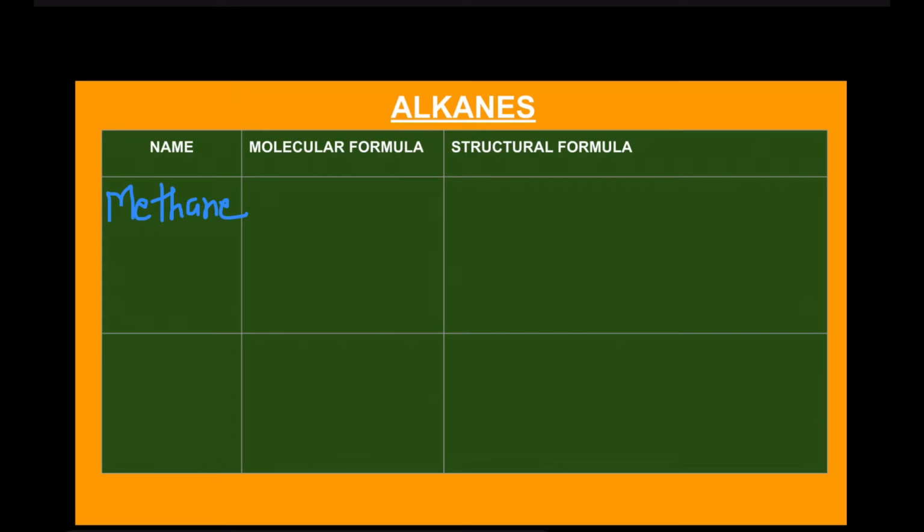Methane has 1 carbon, so in CnH2n+2 we put the value: C1H(2 multiplied by 1, plus 2), and it comes to CH4. So the molecular formula is CH4. Now the structural formula is like this: carbon has all 4 valencies satisfied with hydrogen.